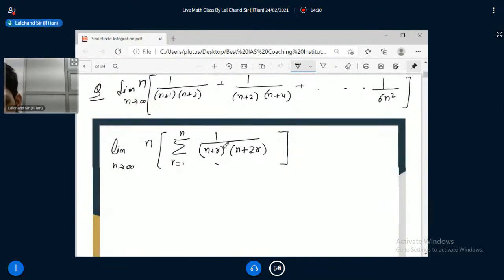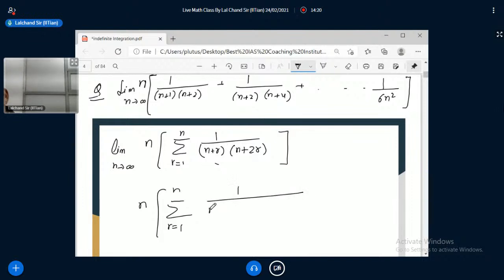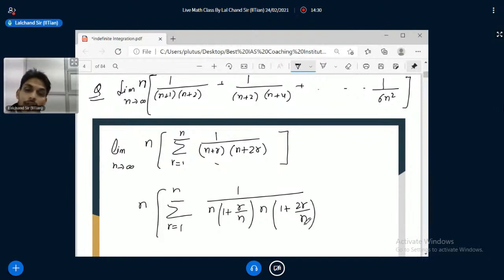So if I take n common from this factor and this factor, I can write n sigma of r from 1 to n, 1 upon r by n, and n from this factor, 1 upon 1 plus 2r by n. Okay.